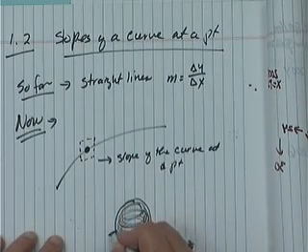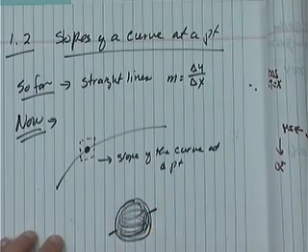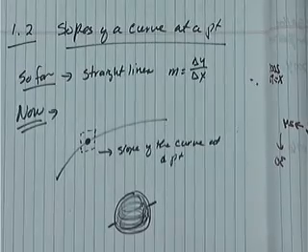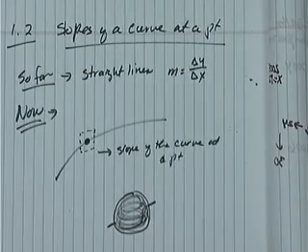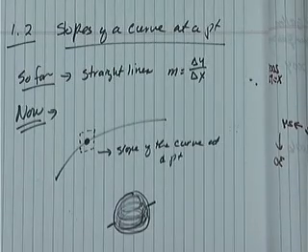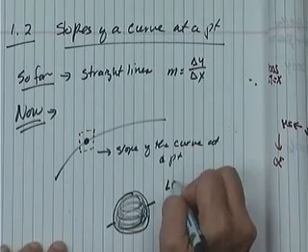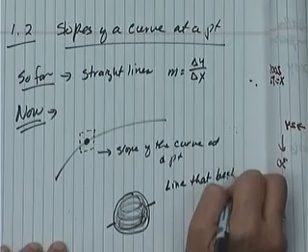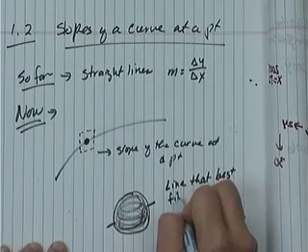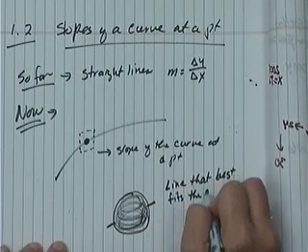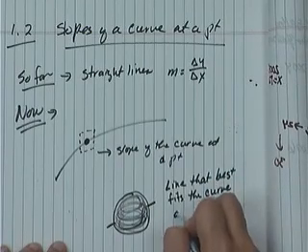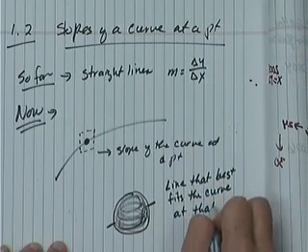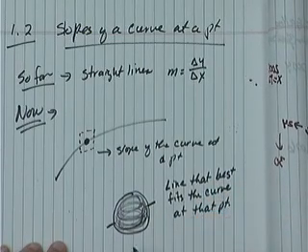And we have this little part going through that little dot. And what we're going to do is come in with a line that best fits the curve at that point.